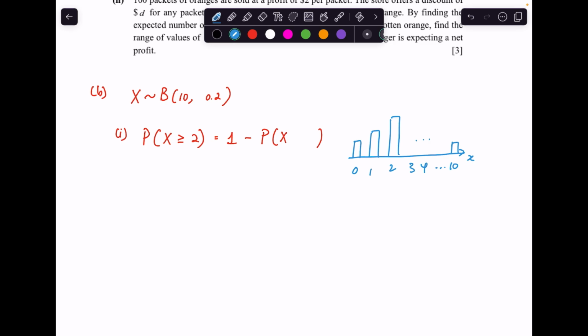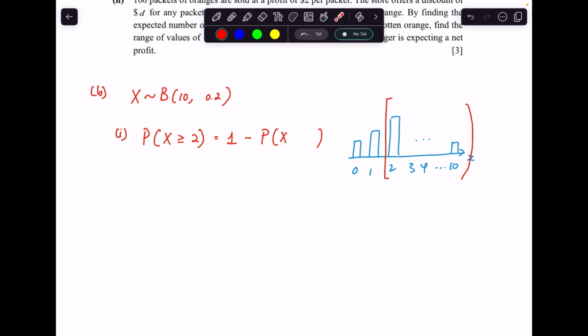And I want to find the probability that X is more than or equal to 2. So I actually want, including here, this is a bar chart, so I can just cut off here and include everything here, all the area of these bars on the right hand side, all the way until positive infinity. But in this case, it's just up to 10, because from 11 onwards there's nothing.